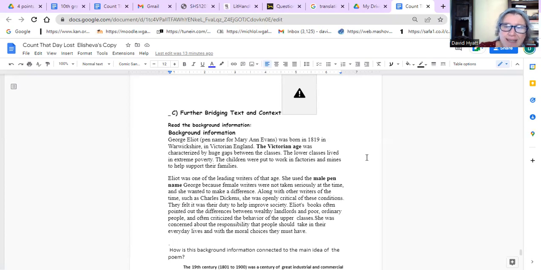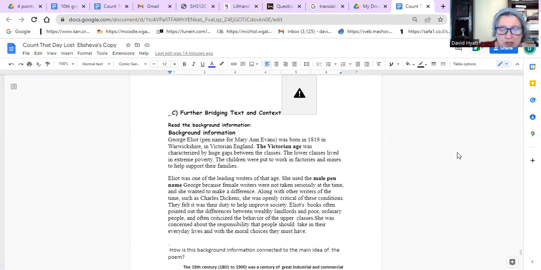Was born in 1819, אז היא נולדה ב-20 השנים הראשונות של המאה ה-19, in Warwickshire, זה אזור באנגליה, in Victorian England, בתקופה של המלכה ויקטוריה.